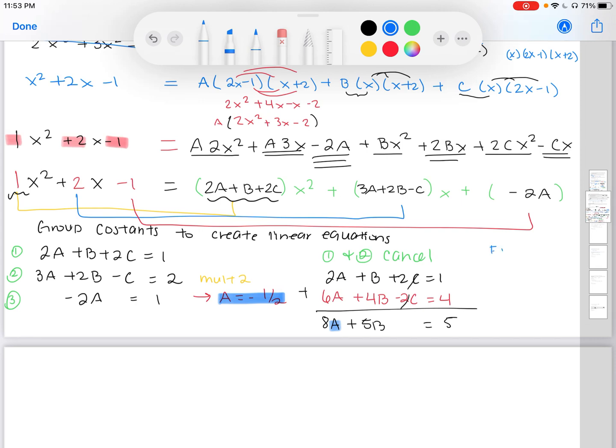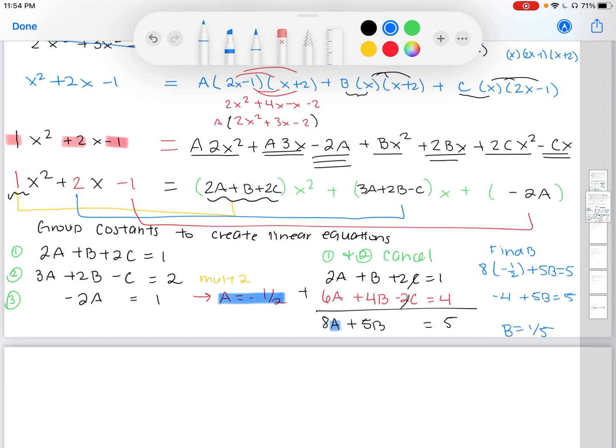Okay, so to find B, we have 8. My A is negative 1/2, plus 5 times B, which we don't know what that is, equals 5. We're left with negative 4 plus 5B equals 5. We add 4 to both sides. I have on my notes that B is equal to positive 1/5.